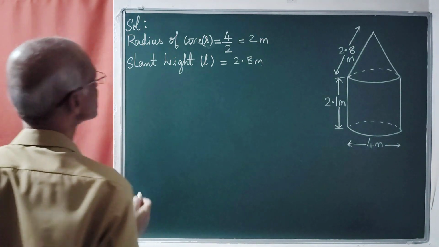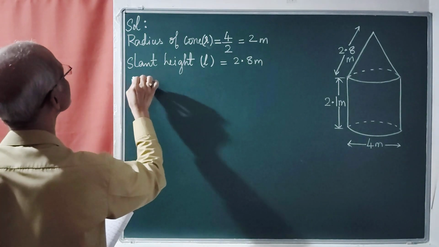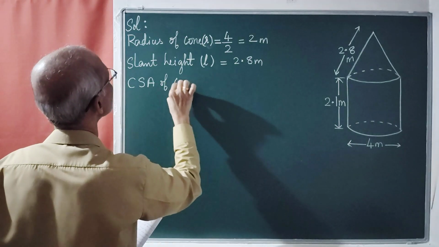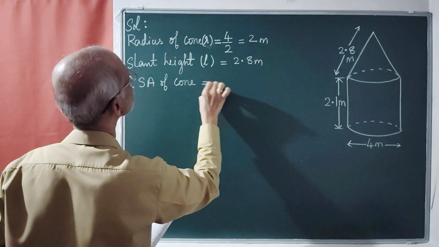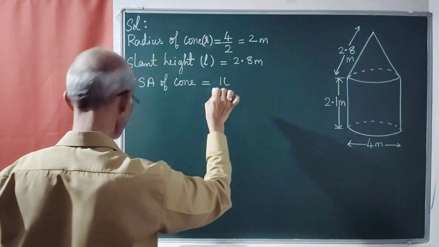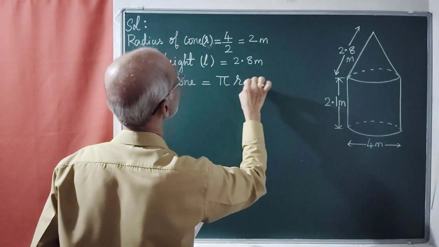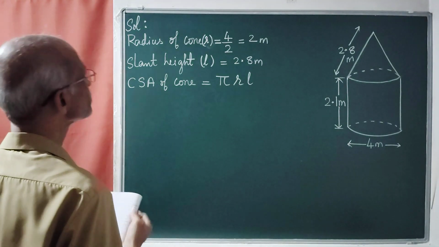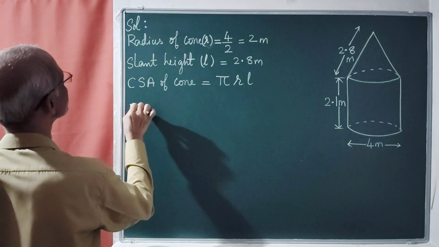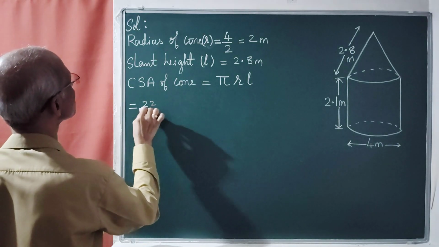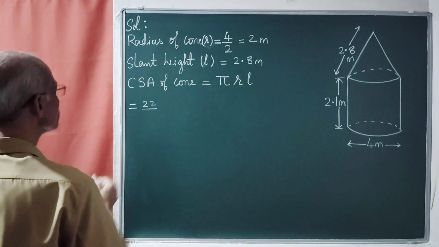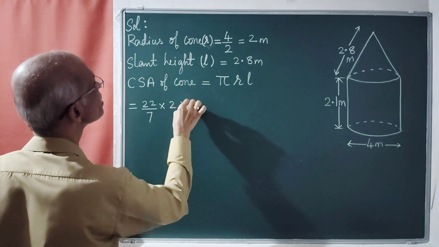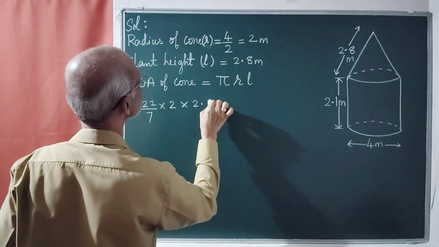Now the curved surface area of the cone, that is CSA of cone, is equal to pi RL. That's equal to 22 by 7 into 2 into 2.8.